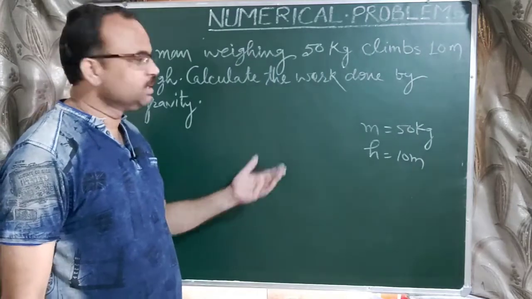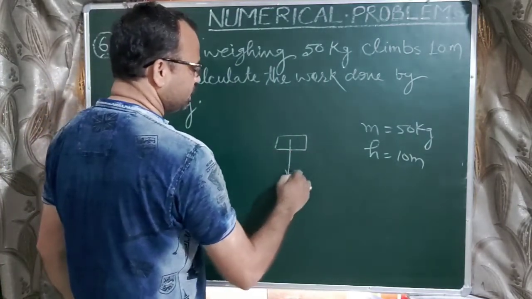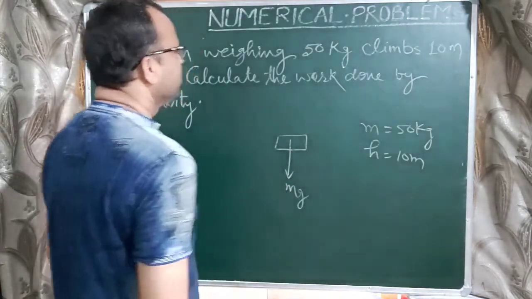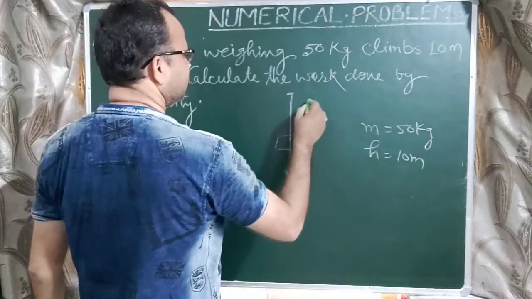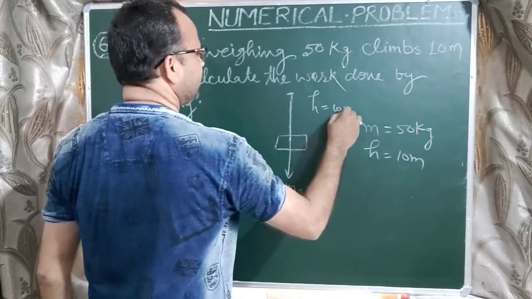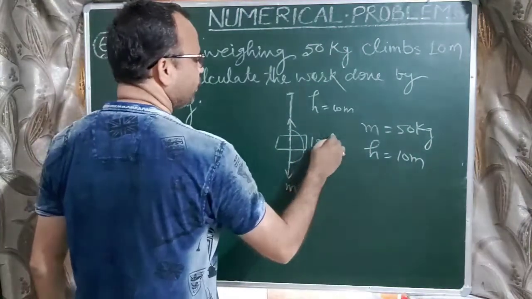As we know, the gravitational force acts vertically downward, here mg, and the person climbs upward. Suppose h equals 10 meter upward. The angle between them is 180.